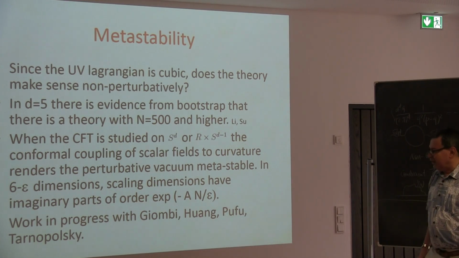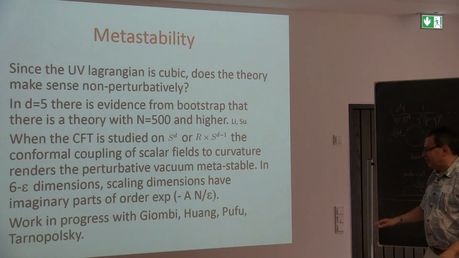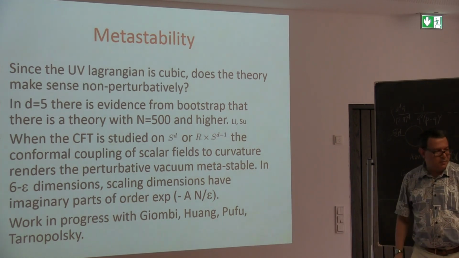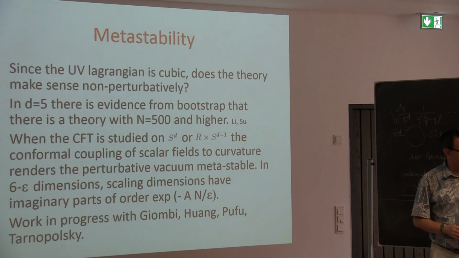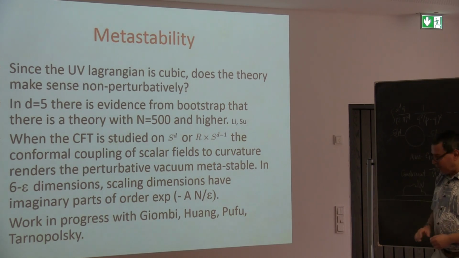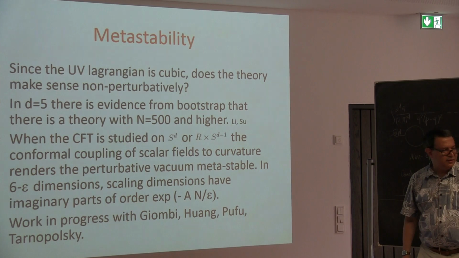So the bottom line is that there may still be something unexpected even in these O(N) models, if you go to higher dimensions, if you allow this very slight metastability for them and so on. But hopefully we will come out with this paper. We basically study some instantons for these theories.